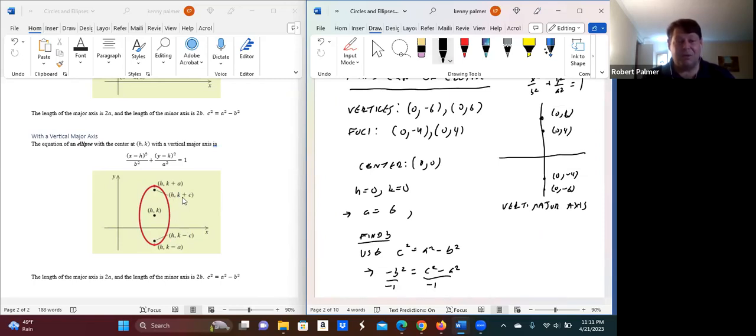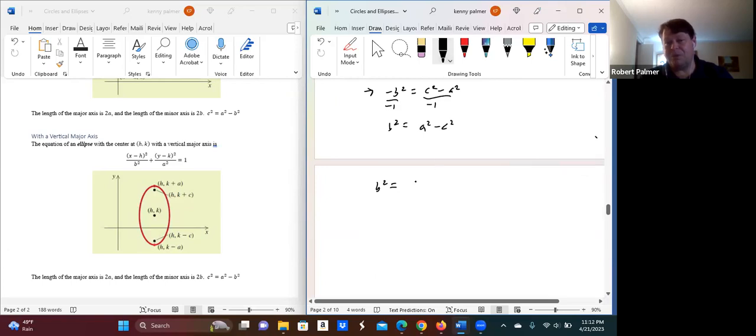Then if K is 0, then it's either plus C and minus C. So that means that C is equal to 4. So B squared is equal to A squared, which is 6 squared minus 4 squared. That's going to be 36 minus 16, which is 20. So B squared is equal to 20.